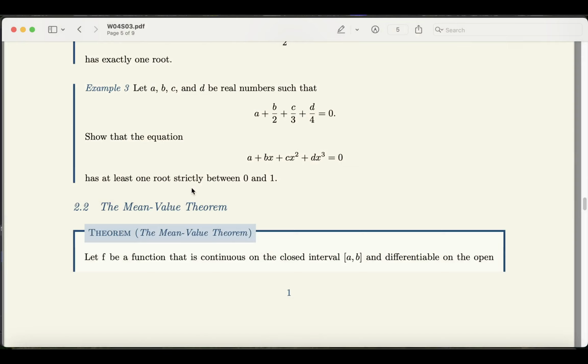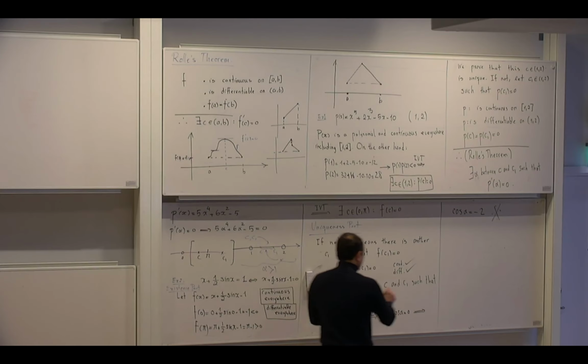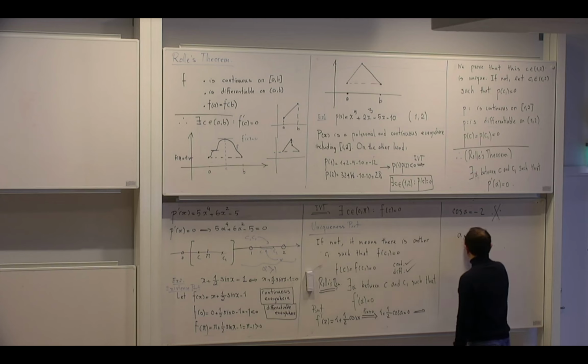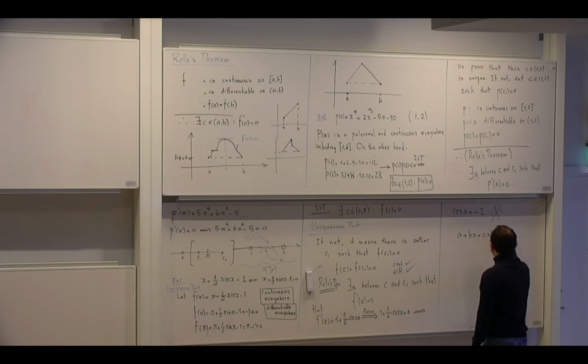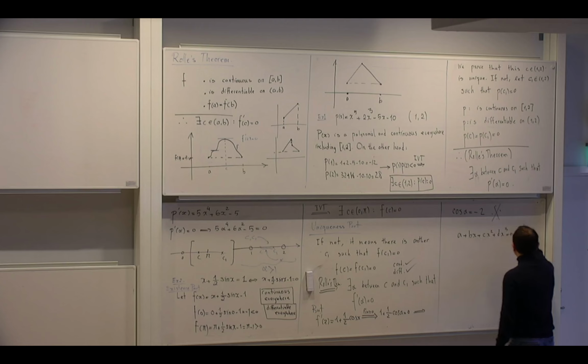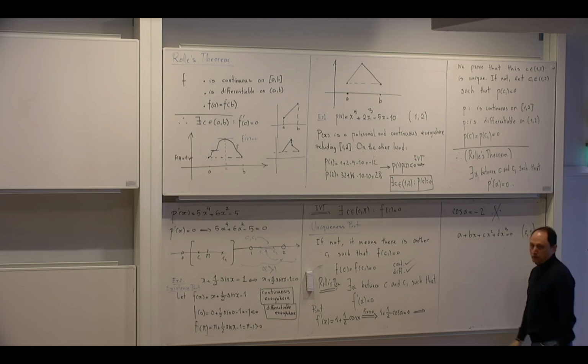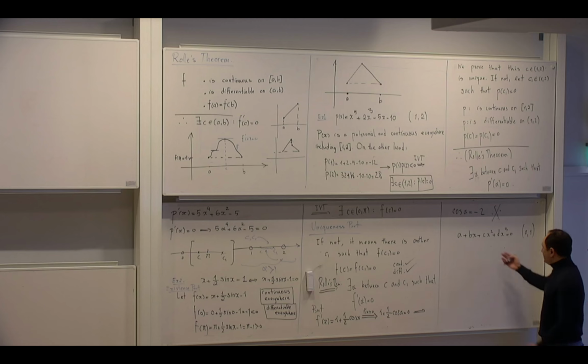Yes? Can you see that? Let me show it here. If I want to show that this equation, a plus bx plus cx squared plus dx cubed equals 0, has at least one solution between 0 and 1, yes, this is usually the right format for the intermediate value theorem. So what do you do?